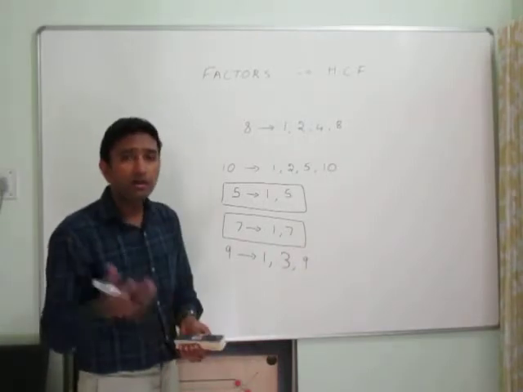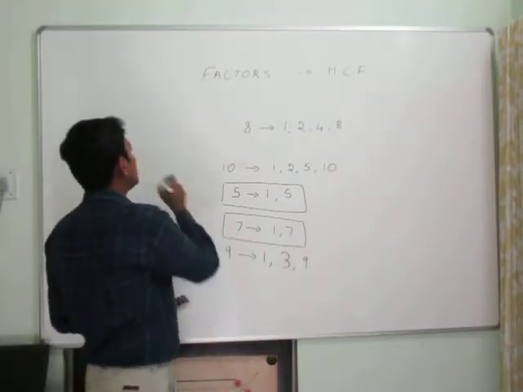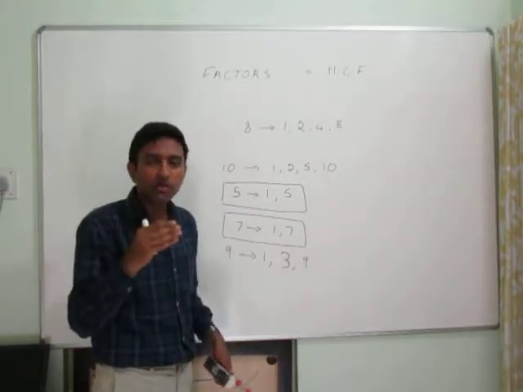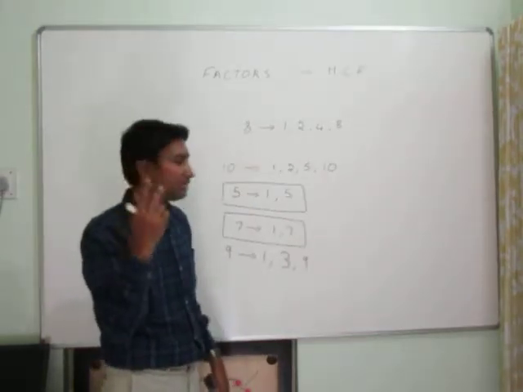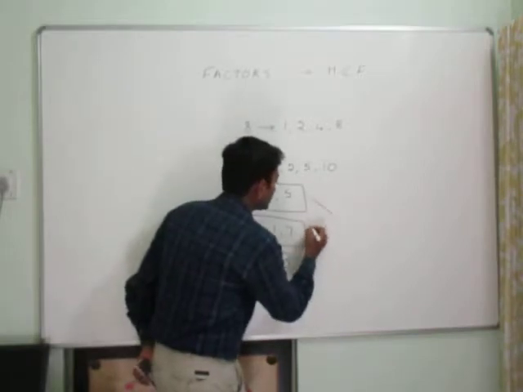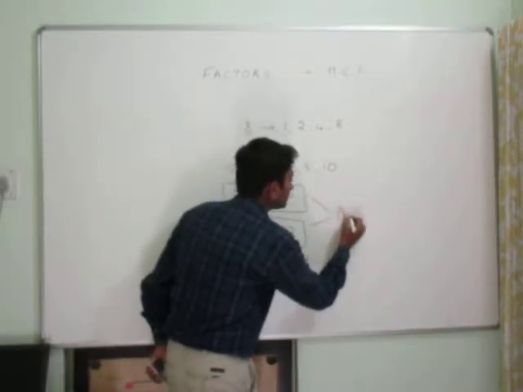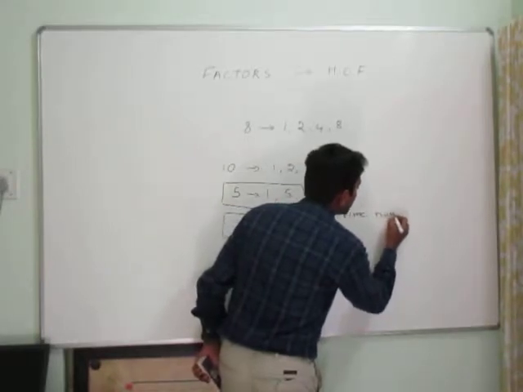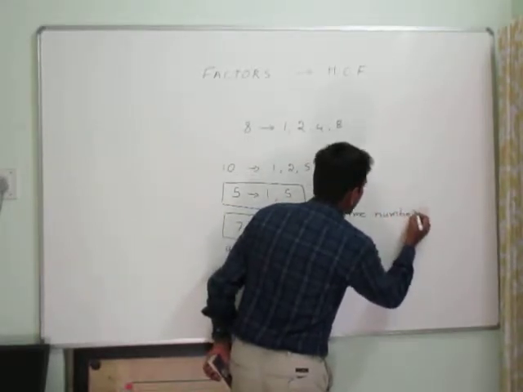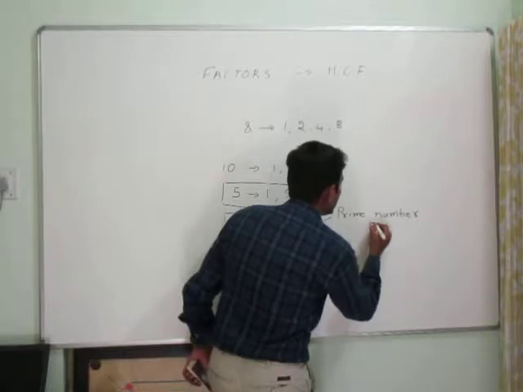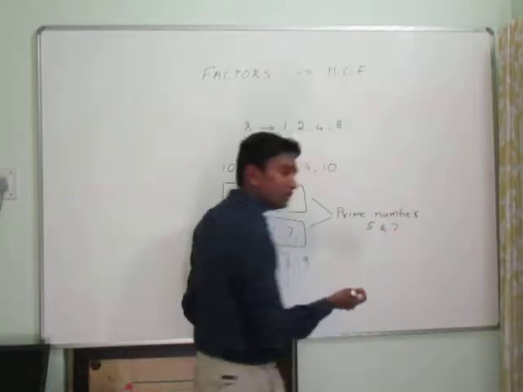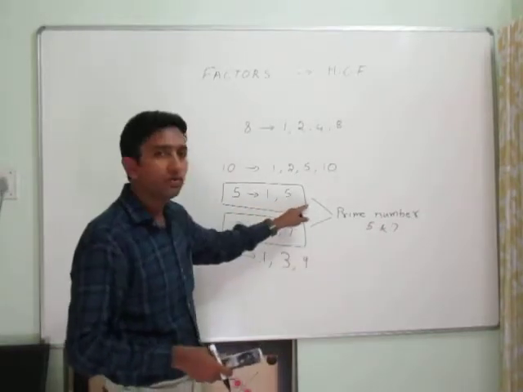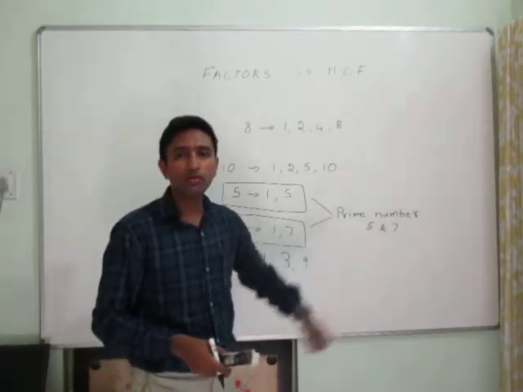Now what are prime numbers? That's what I am explaining to you. Prime numbers are those numbers which have only 2 factors. Five and 7, both these numbers are prime numbers because 5 has only 2 factors, 7 has only 2 factors.